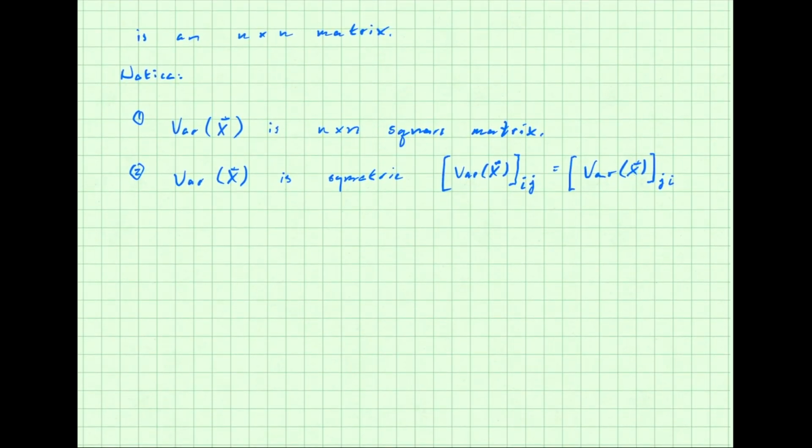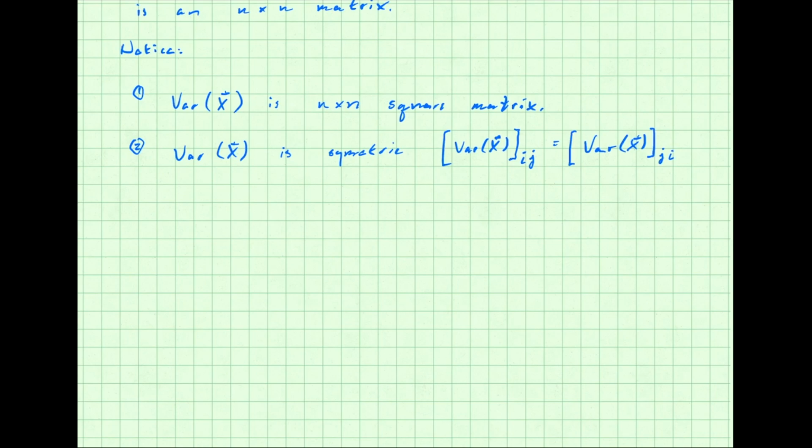So this matrix is symmetric. Another way to say that is that it's equal to its transpose. So transposing it doesn't actually change it.